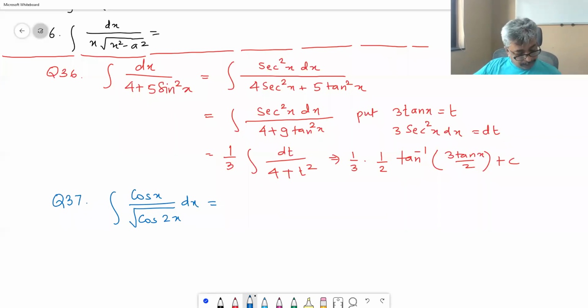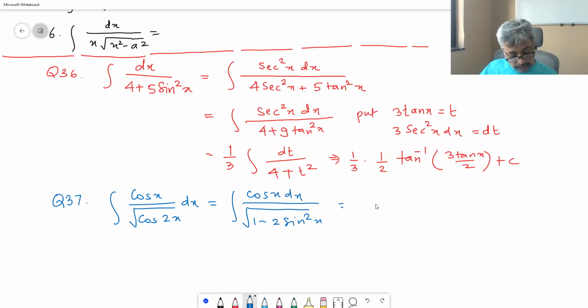Let us quickly do it. This is equal to integral cos x dx divided by radical 1 minus 2 sin square x, putting root 2 sin x is equal to t.